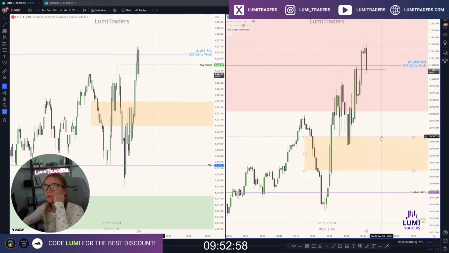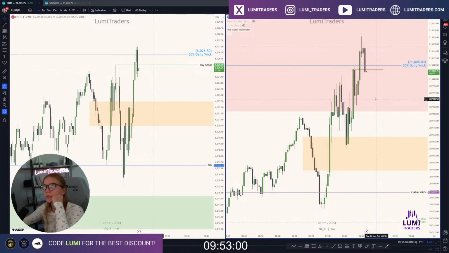Okay, we don't have any 5-minute bullish fair value gaps yet. It's about to form one, but nothing yet. So let's see. So far, just a solid reaction from 50% of this daily week, but it can be just a retracement.